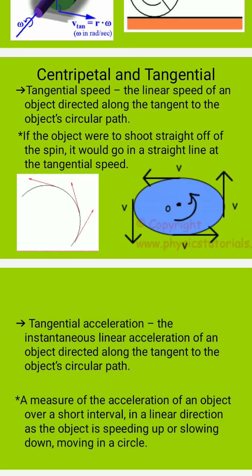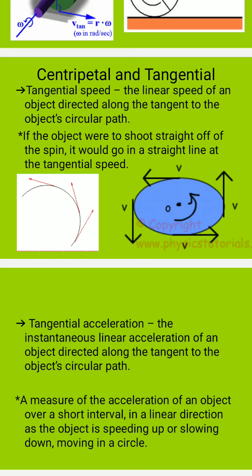And what is tangential acceleration? It is the instantaneous linear acceleration of an object directed along the tangent to the object's circular path. It is shown here in this picture, all these tangents on this blue figure. Those are the directions in which the tangential acceleration is directed.